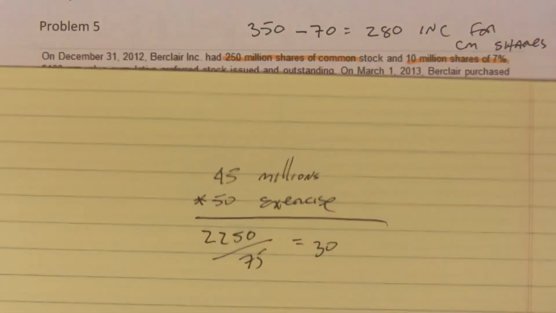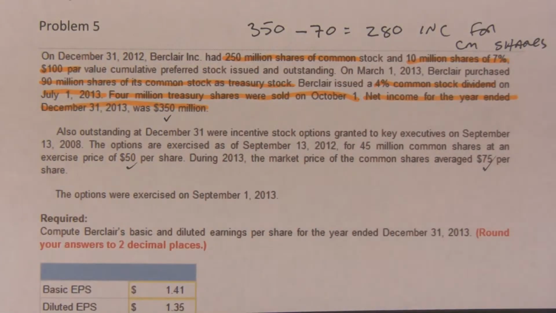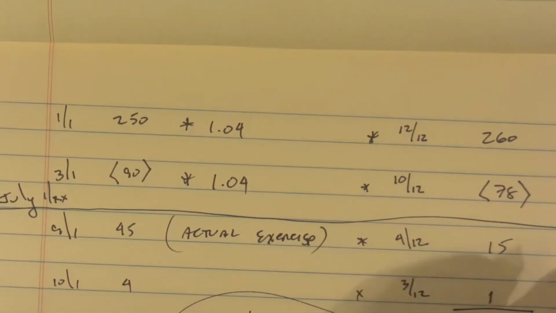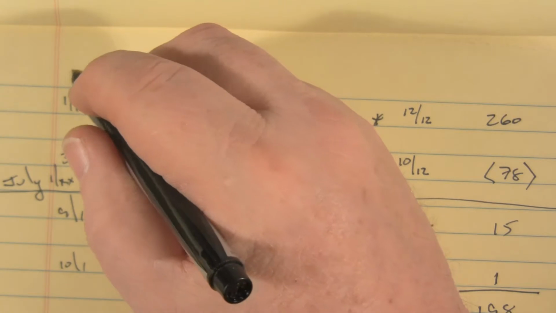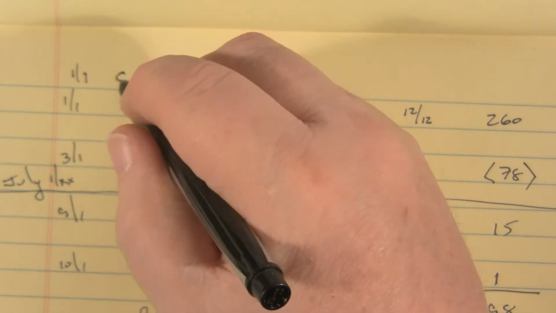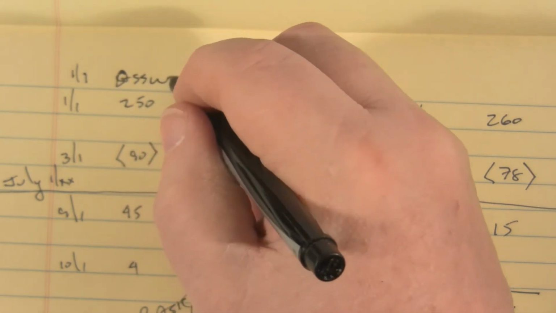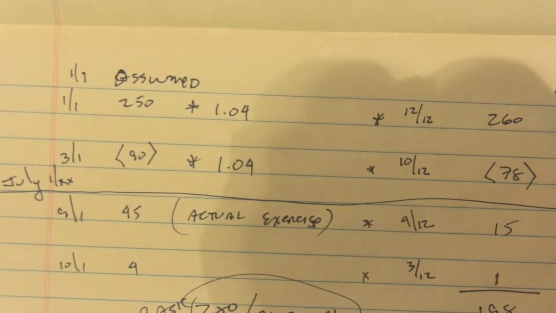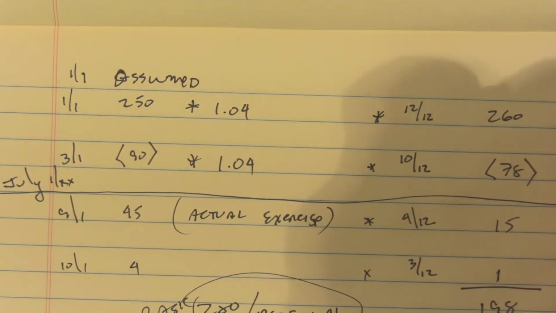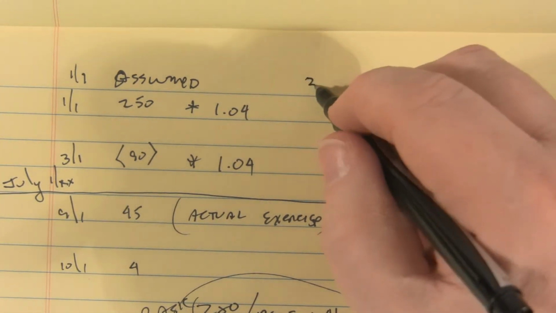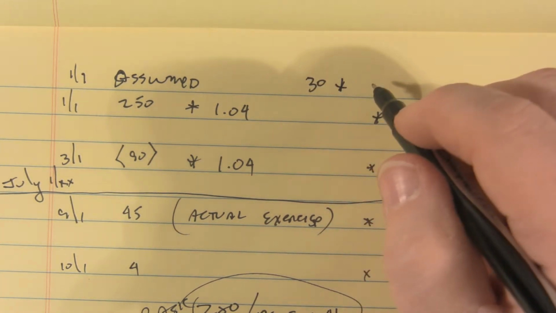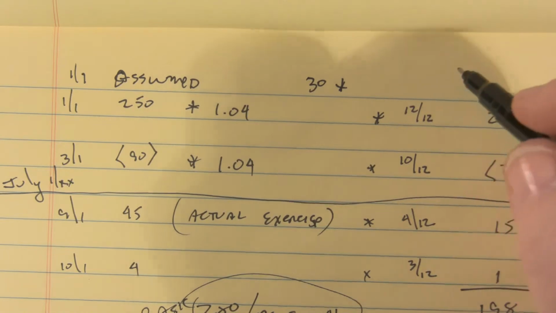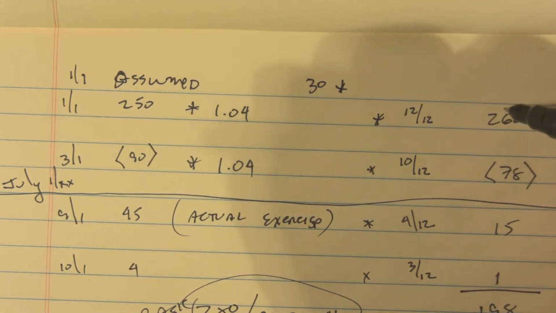So we had those 30 million shares assumed, and we had those out for 8/12.